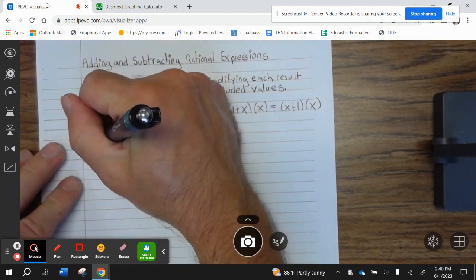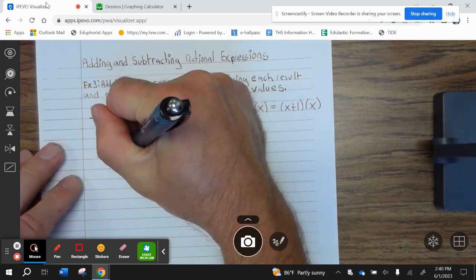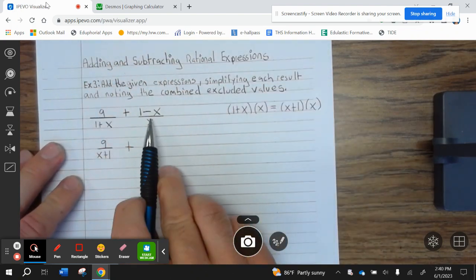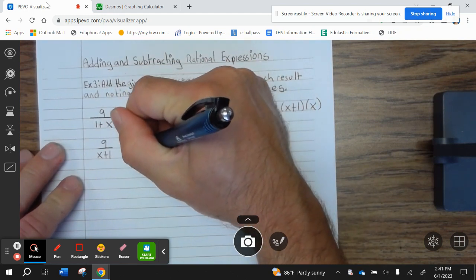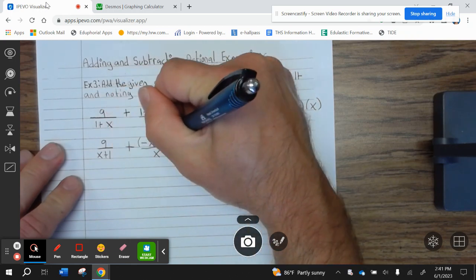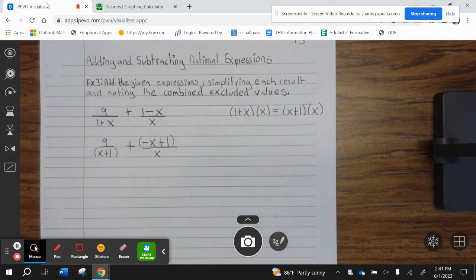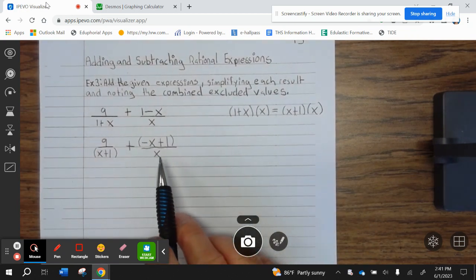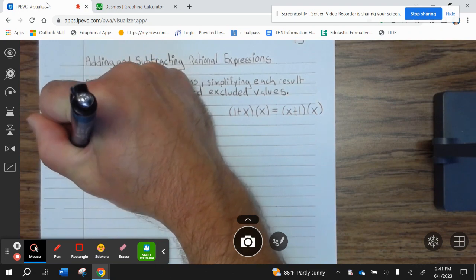Before I do anything else, I'm going to rewrite this as 9 divided by x plus 1 plus, now I want to rewrite this as negative x plus 1 divided by x. I'm going to put this in parentheses and this in parentheses. In order to have the same denominator, I need to multiply this by x divided by x.